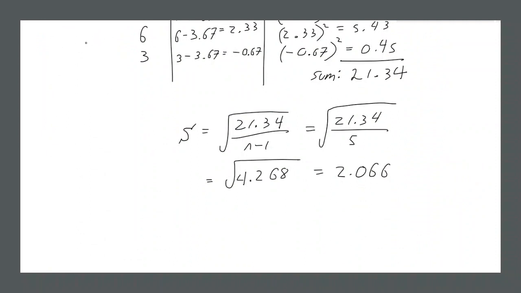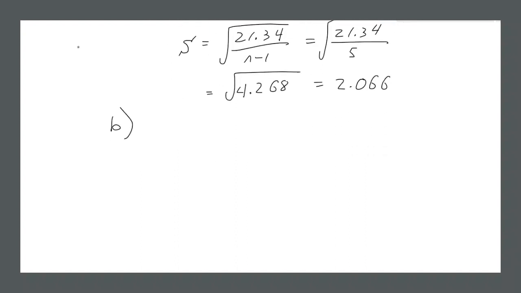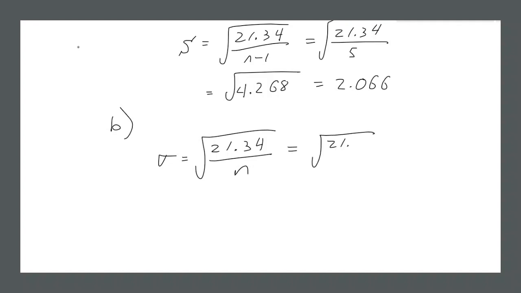So for part B, after we have our sum, which is the same sum, 21.34, we're going to take 21.34 and divide by n and take the square root. And that's going to be our population standard deviation. So you'll have 21.34 divided by 6, because 6 is our sample size. We're not subtracting 1 from it. 21.34 divided by 6 is 3.557.